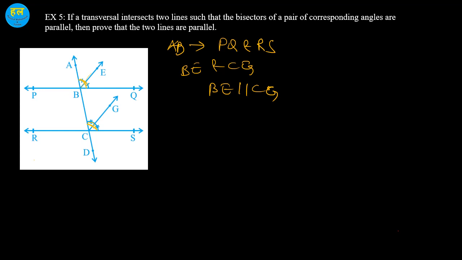BE is parallel to CG is given, and they are the bisectors of corresponding angles. That means angle ABE is equal to angle QBE, and angle BCG is equal to angle SCG, right?